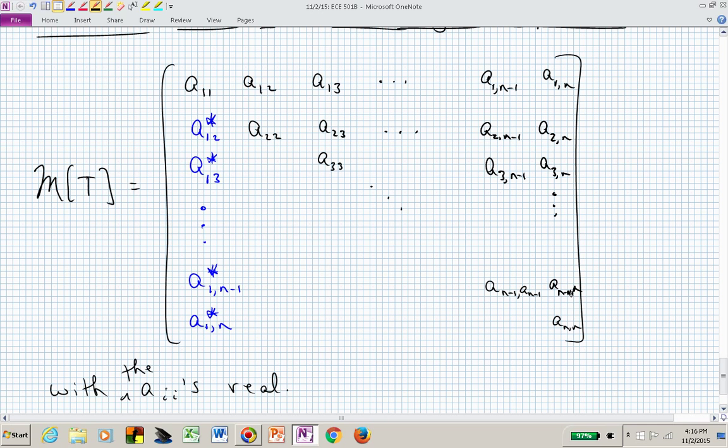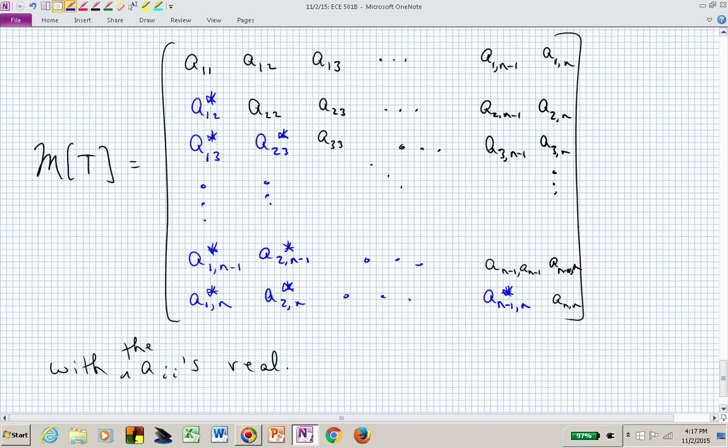I knew I would be a little bit sloppy, but now I think you get the idea, where all of these keep repeating with the same structure. But this is now A sub 2,3 conjugate, A sub 2,n minus 1 conjugate, A sub 2,n conjugate, etc., where this is now A sub n minus 1,n complex conjugate.